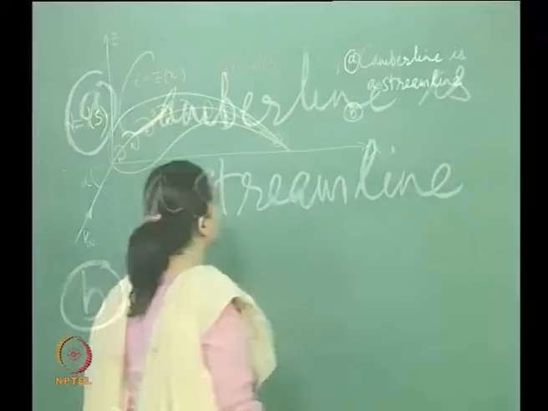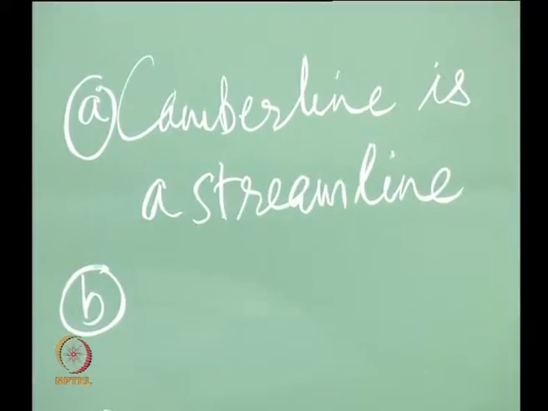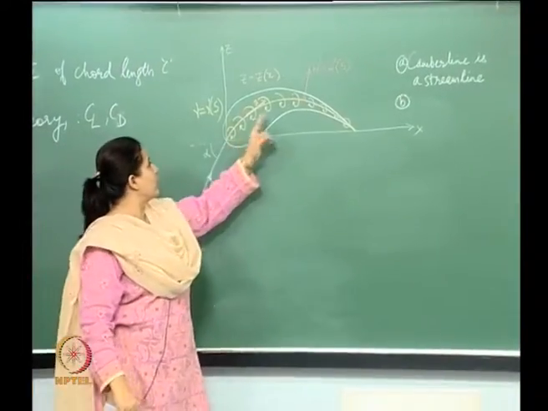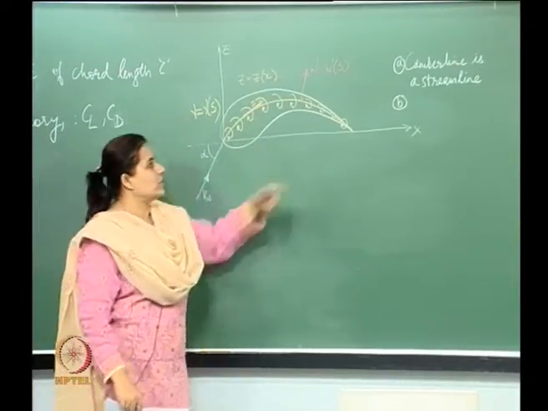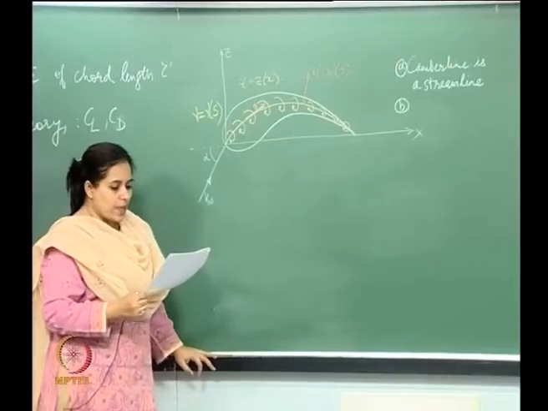So we have to find a suitable distribution of this vorticity such that this camber line here is a streamline.